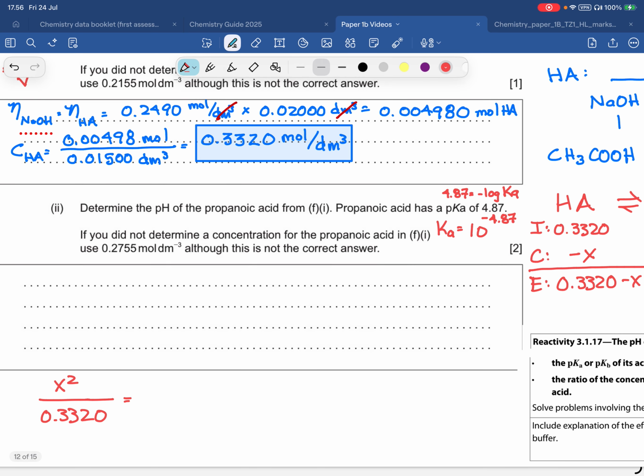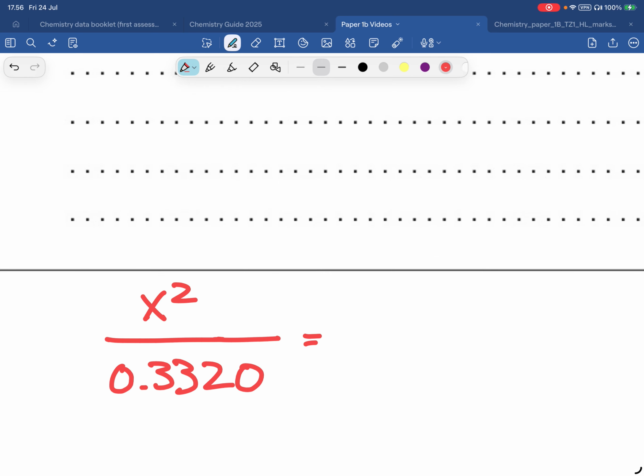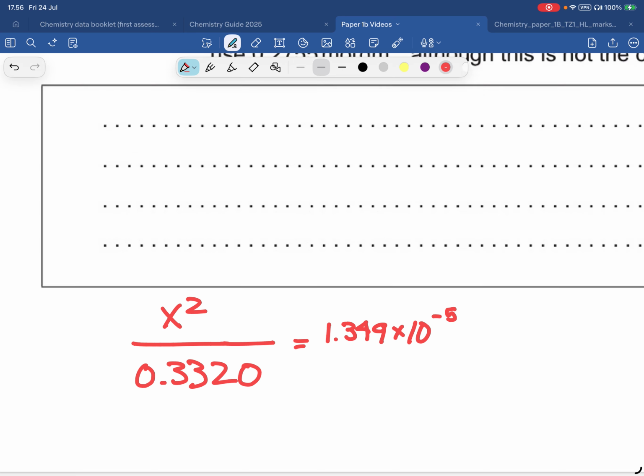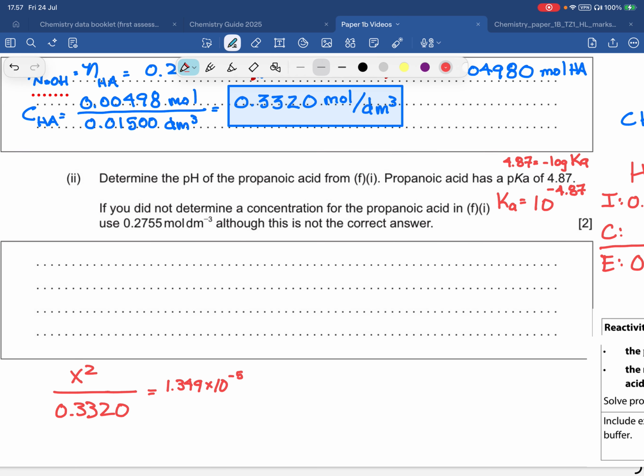Right? So that's my Ka. Now, if I do that on my calculator, 10 raised to the power of negative 4.87, I'm going to get 1.3489, so 349 times 10 to the negative 5. Okay? And then that is going to give me that equation.